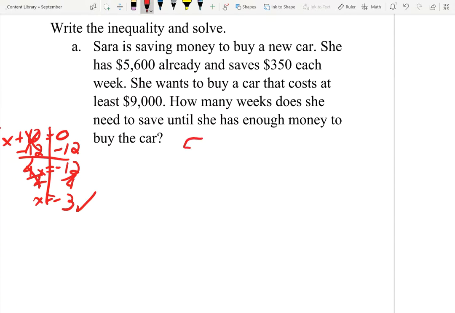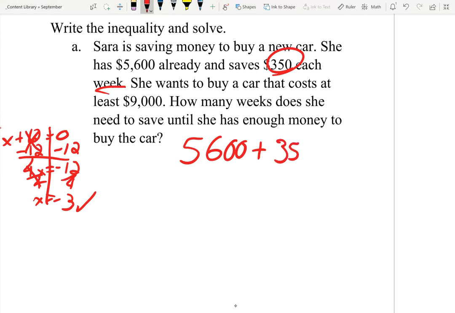So she has $5,600 currently, right? So what we're going to do is have how much money she has or is making on one side and then her goal on the other. So she's at $5,600 and she's going to add to that $350 each week.